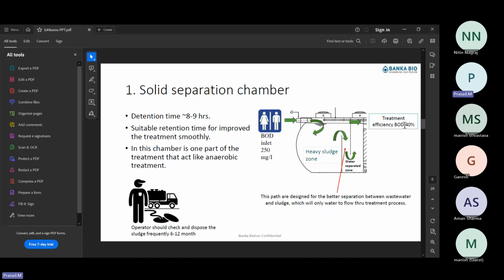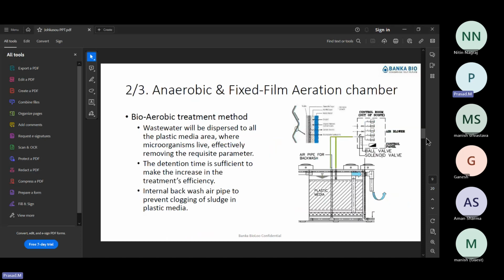Understood now, how this flow is going? So the water comes inside, falls down, and then slowly goes to the upper side. Then we have another tank, the anaerobic tank.